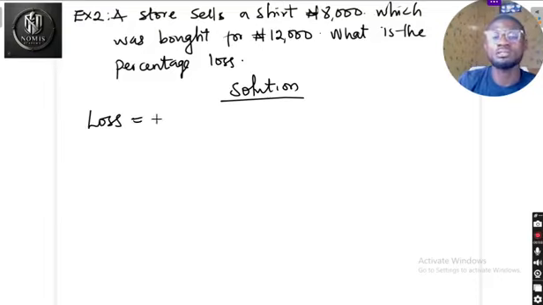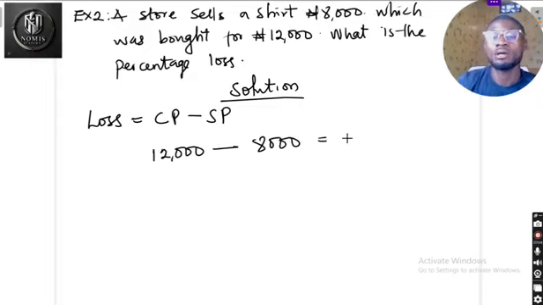So loss is cost price minus selling price. So the cost price is 12,000, subtract selling price from it, 8,000, and that gives us 4,000 naira. So the loss is 4,000 naira.